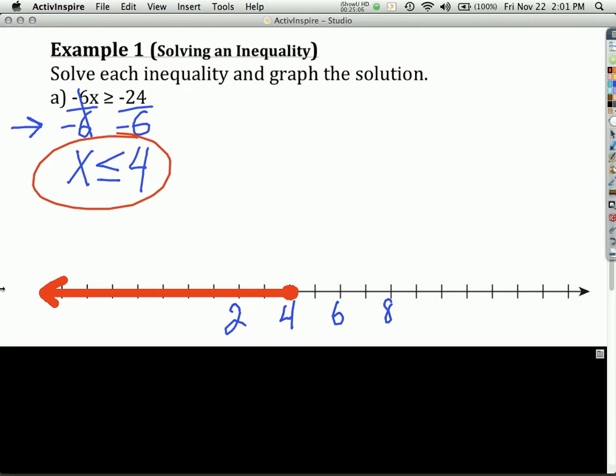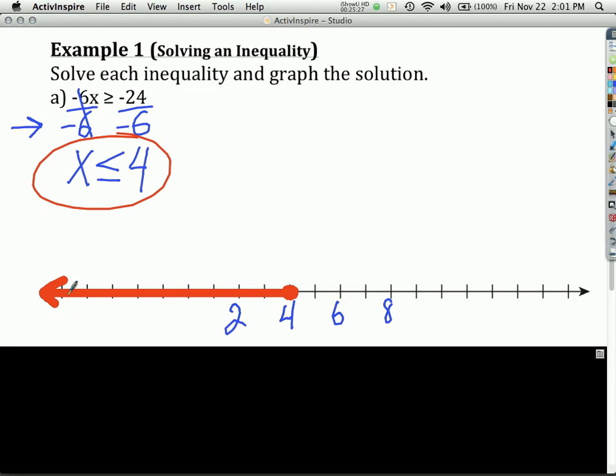I mean, think about this amount of space from here to here, and I would have to do that another 120 times. So we can't do that. I don't have paper that big, nor would I want to. So instead, we draw the arrow. The arrow is what says, okay, now it keeps going on forever.